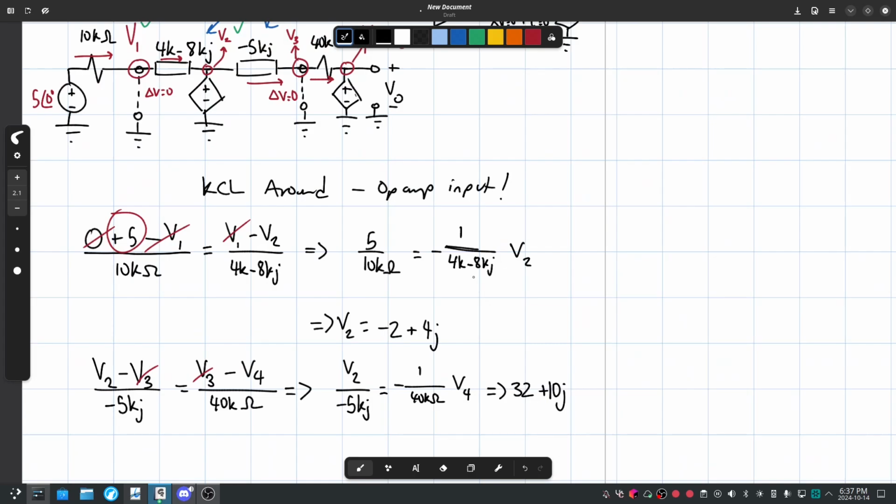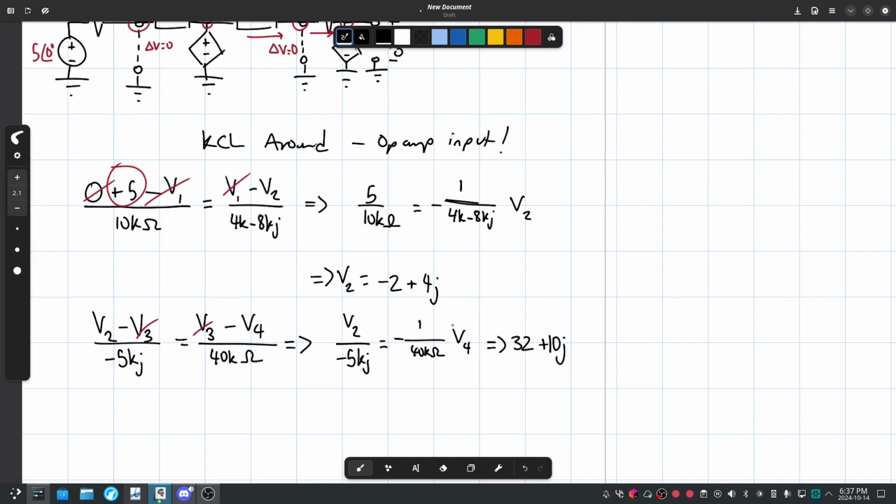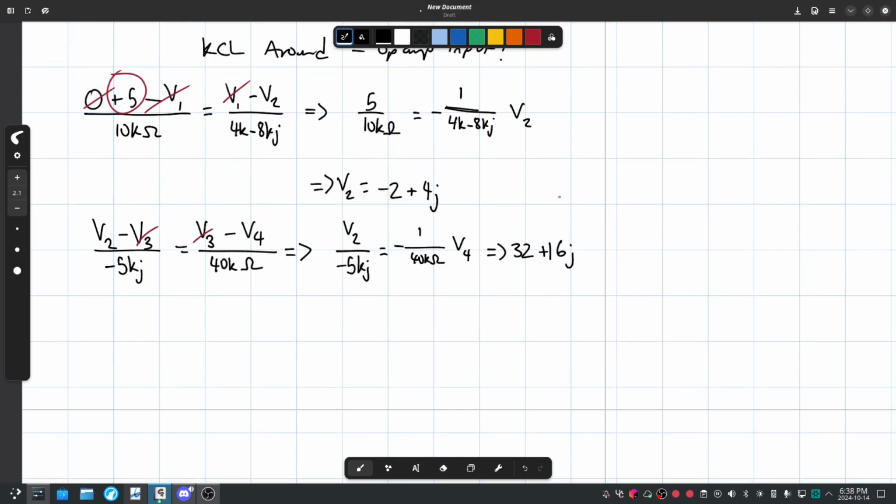V2 is negative 2 plus 4J over minus 5,000 J. I can't even read my own handwriting. 16J, and I'm going to correct that in my notes.